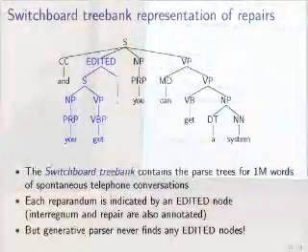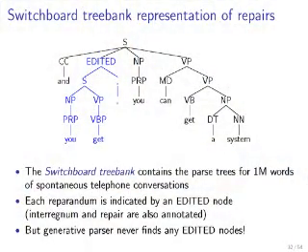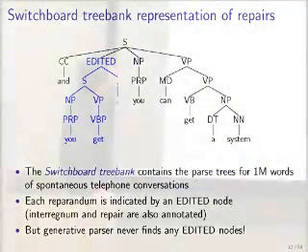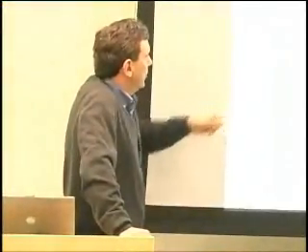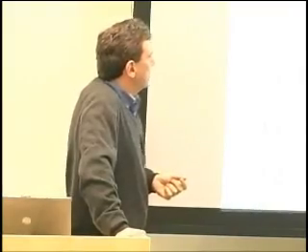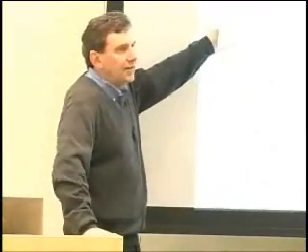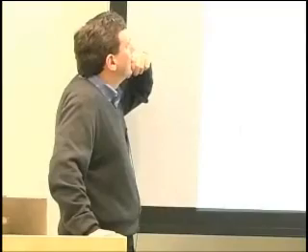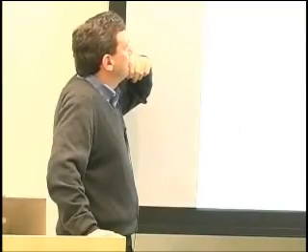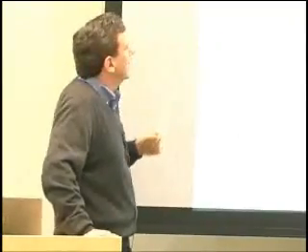There is a treebank corpus of this, the Switchboard corpus, and it contains parses for about 1 million words of spontaneous telephone conversations. The reparanda are indicated by edited nodes. The very first thing we did was simply take this treebank and feed it into the parser training procedure, and then see what happens if we parse sentences like this.